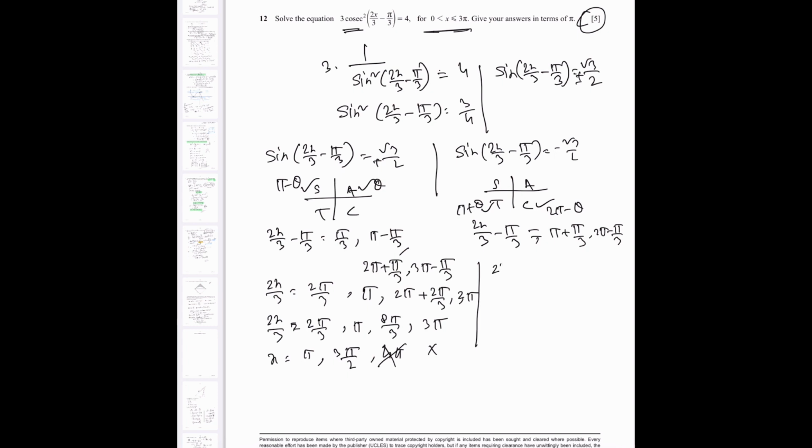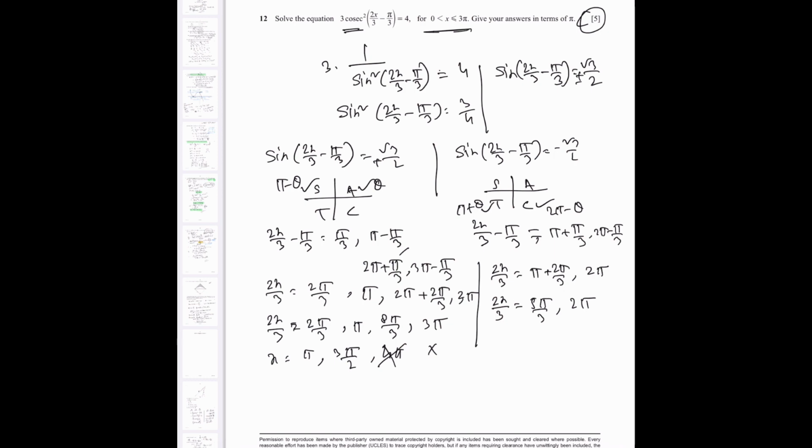From this side, 2x by 3 equals pi plus 2 pi by 3, then 2 pi, 6, 3 pi, 5 pi by 3, 2 pi.